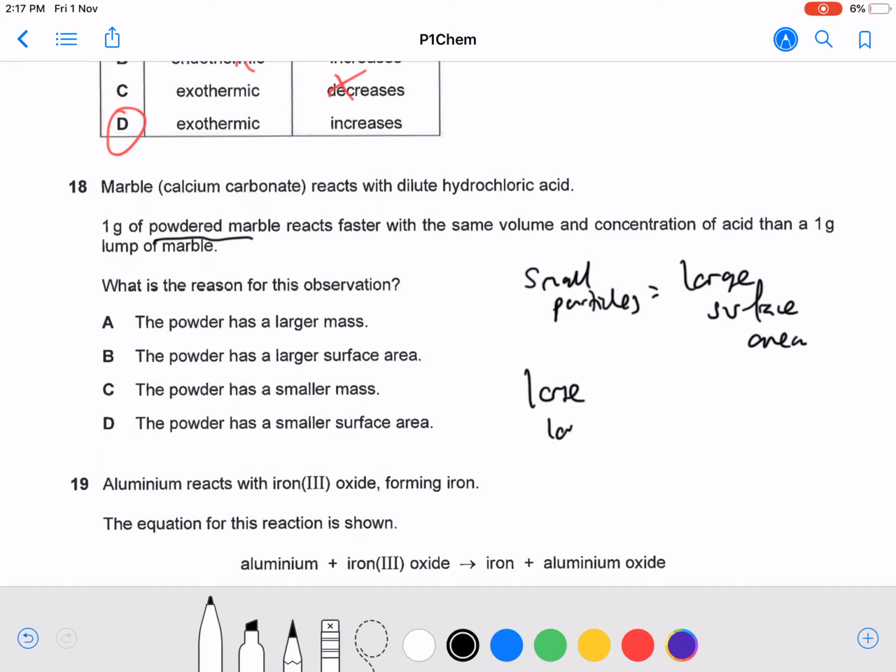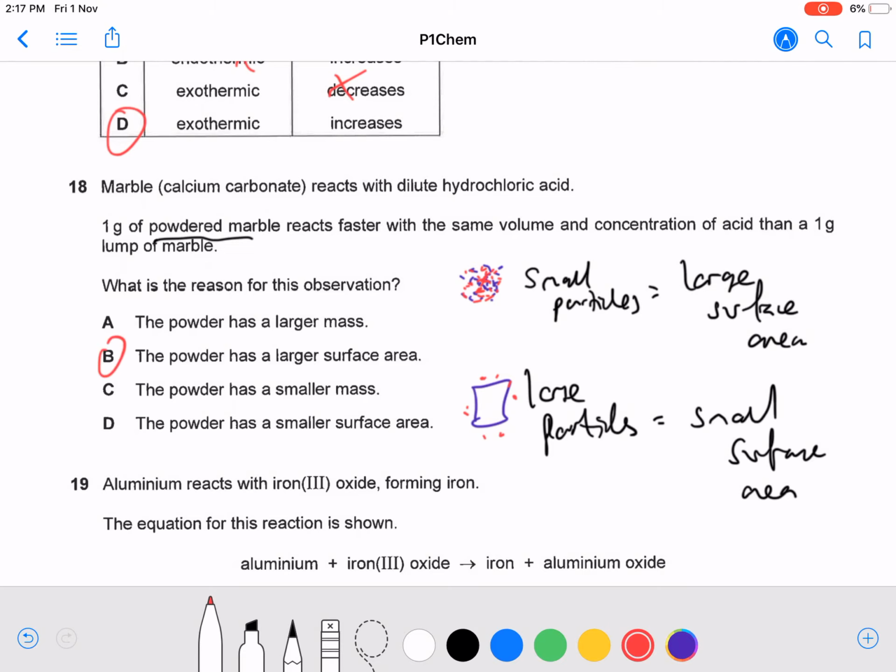Large particles equals a small surface area, because here you've got loads of little particles, and all the little reactant particles can get in amongst it and in between, loads of reacting surface area. But with a large particle, you've only got 1, so your reactants can only nibble away at the edges rather than get right in between in the middle. So powder will react faster because it has a greater surface area. Oh, there is B.